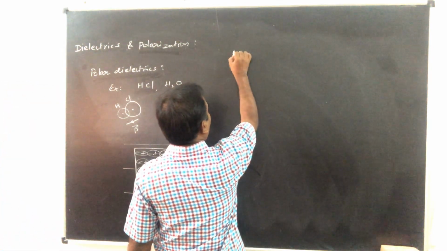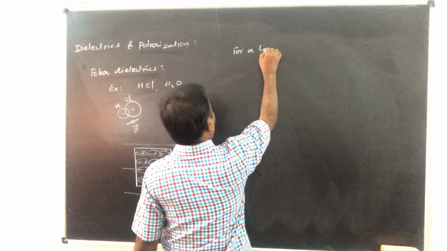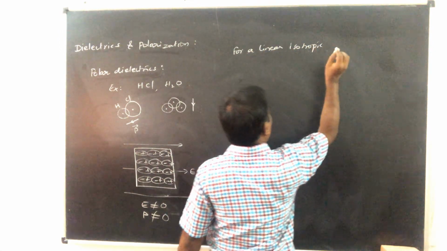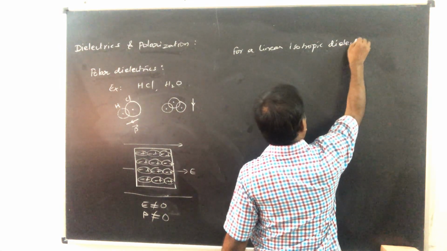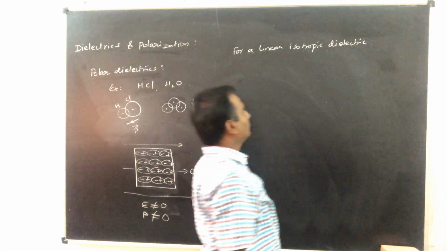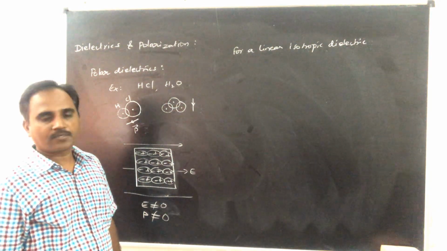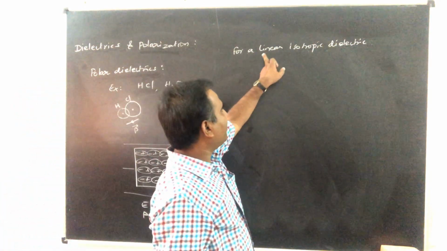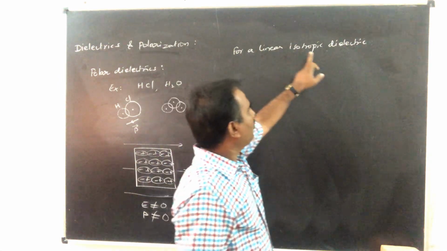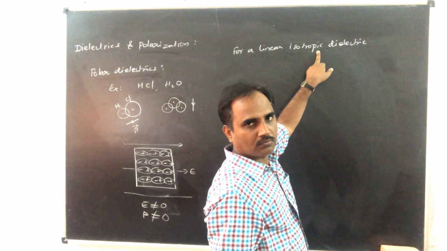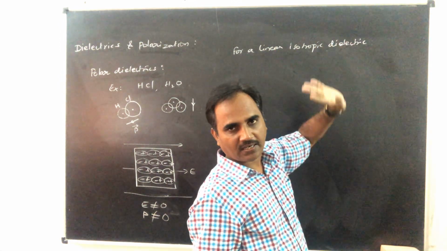So here, for a linear isotropic dielectric: a linear isotropic dielectric means a dielectric having linear molecules in which all physical properties in all directions are the same. That is called a linear isotropic dielectric.